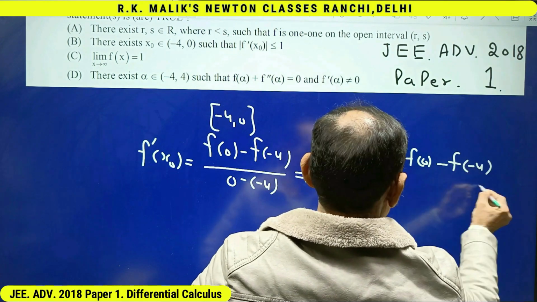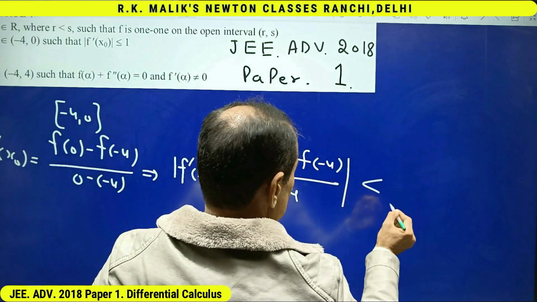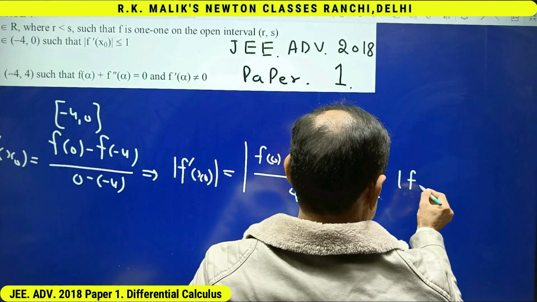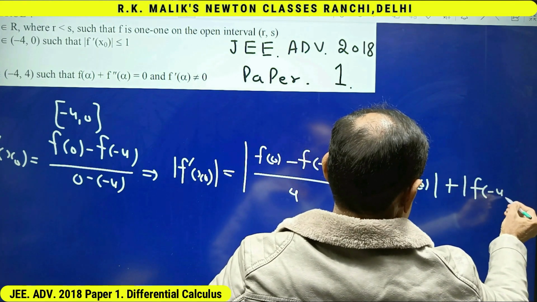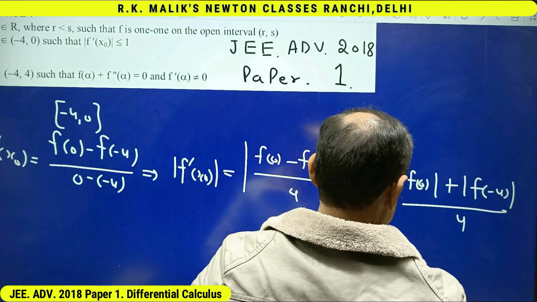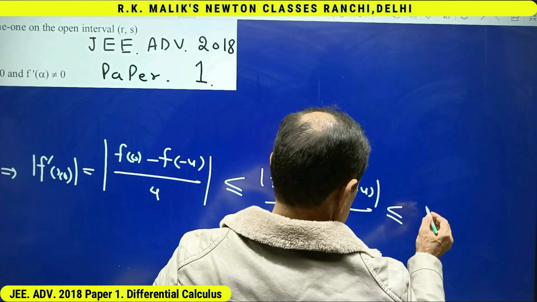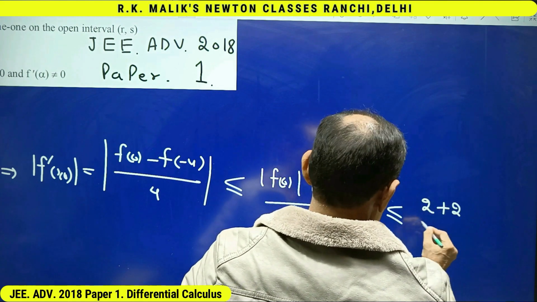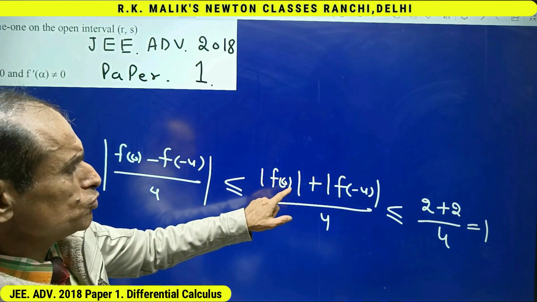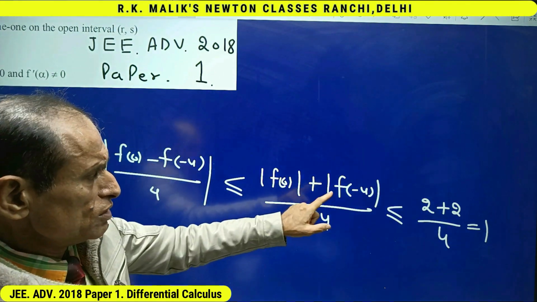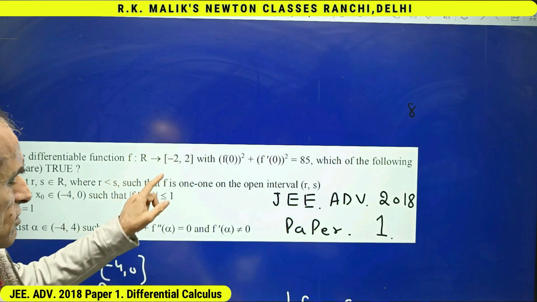f minus 4 upon 4 mod, which is less than or equal to mod of f0 plus mod of f minus 4 upon 4, which is less than or equal to 2 plus 2 by 4 equal to 1, because the maximum value of mod of f0 is 2, because the codomain of the values of f is this.